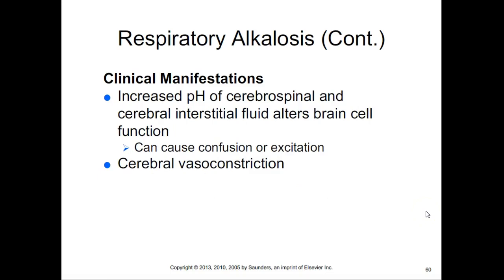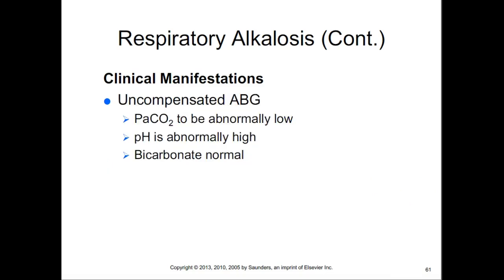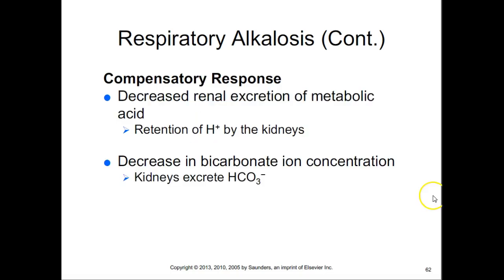The increased pH of the cerebrospinal and cerebral interstitial fluids alters brain cell function, can lead to confusion or excitation, and you can have a cerebral vasoconstriction. In the uncompensated state, the partial pressure of carbon dioxide is abnormally low because you're hyperventilating, pH is abnormally high, and bicarbonate is normal.